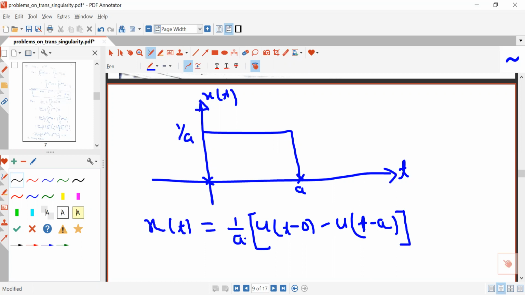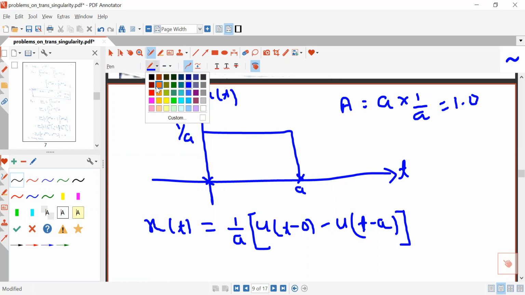In this way, you can get the mathematical expression of the rectangular pulse in terms of the unit step signal. Now, the area of this signal will be its width into height, which is equal to 1.